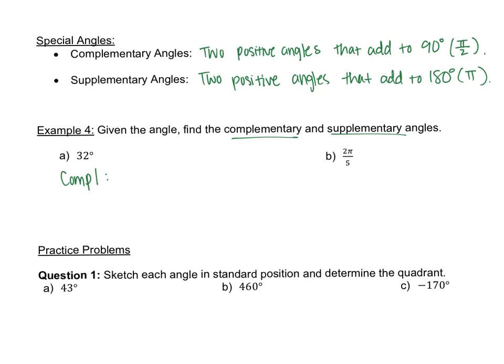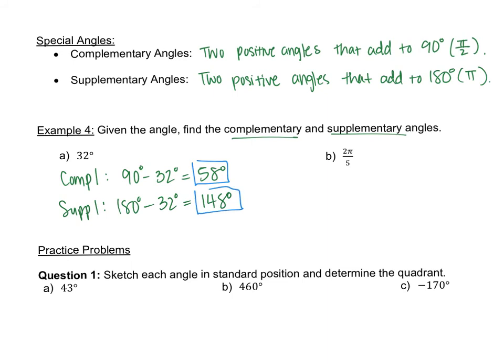So in this case, the best way to figure that out is just to take 90 degrees and subtract the angle that you have. So if I take 90 degrees, subtract 32, I get 58 degrees. So this here is the angle that is complementary to 32. If I want to figure out the angle that's supplementary, I just take 180 and subtract the 32. And in this case, that would be 148 degrees. And so this would be the supplementary angle.